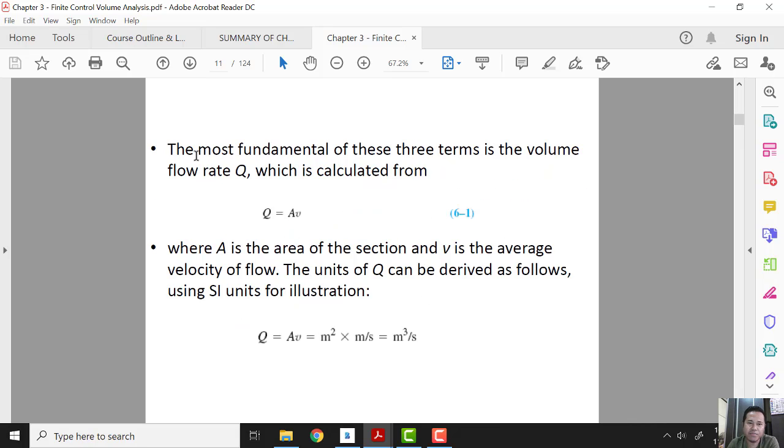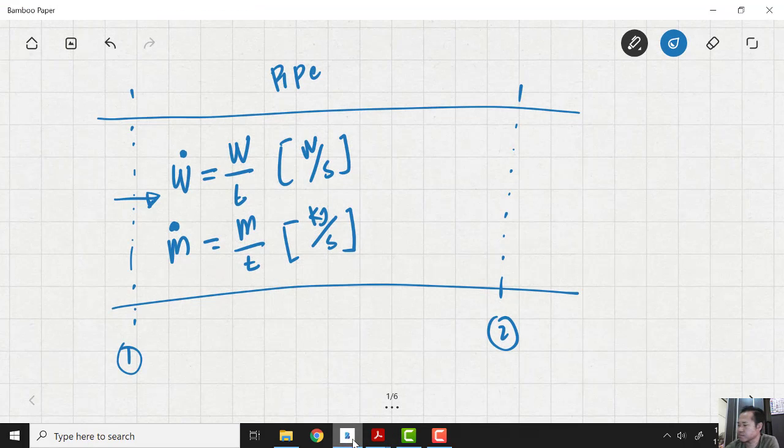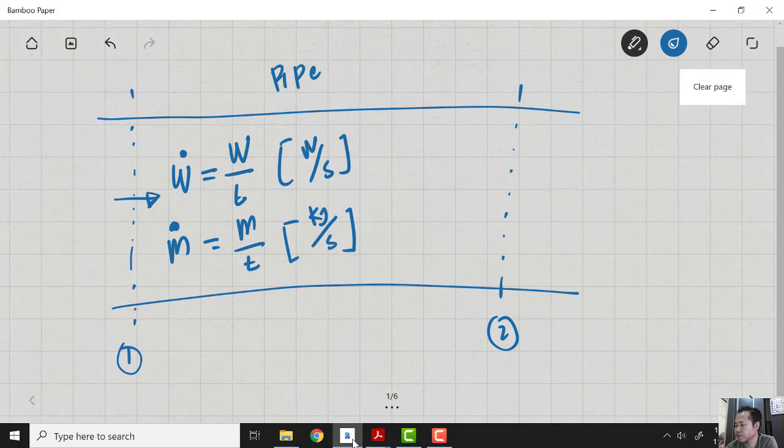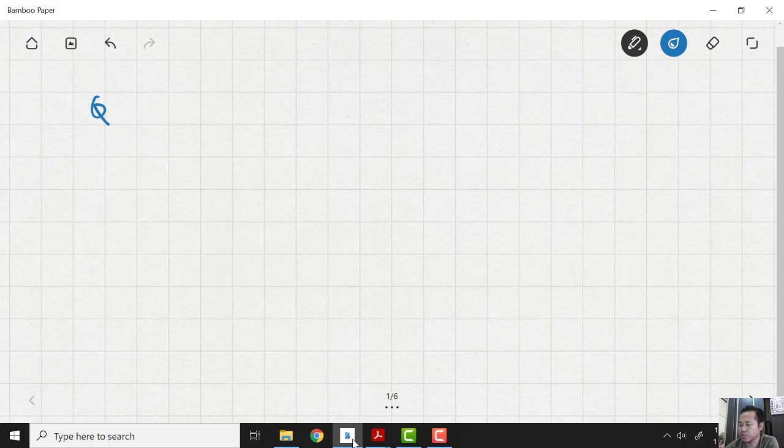The most fundamental of these three terms is the volume flow rate Q, which is calculated from the equation for volume flow rate. Q, or you can write V dot, is equal to A times V. This V is not volume but velocity.